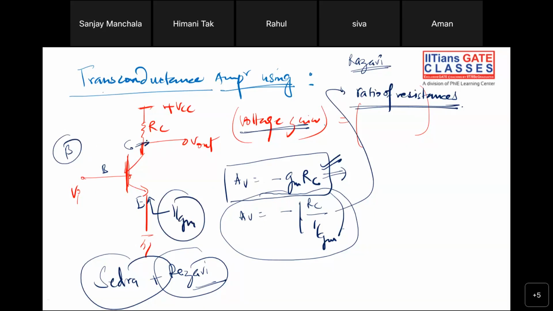And while calculating the small signal gain, you have to make the input grounded. Looking from there toward the ground, the resistance it offers is RC. So you have to put a minus here. Why? Because you are connecting input to the base and taking output at the collector, so it gives a 180-degree phase shift. So this will be the ratio of resistances, and you can calculate the gain by looking at different terminals.